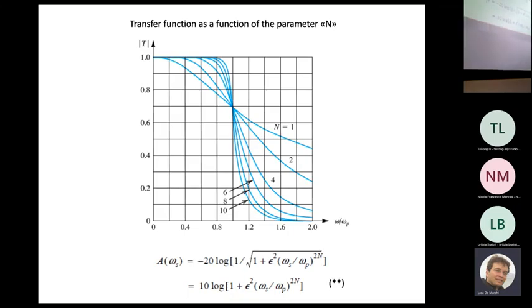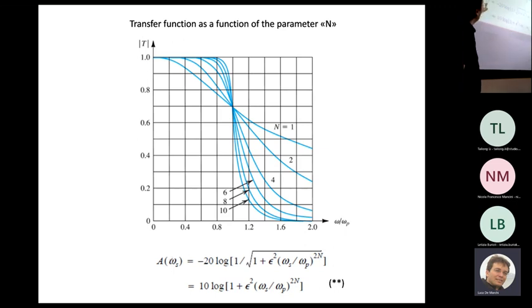Okay, so the attenuation in the stopband region is depicted in this formula here. So you see that basically the order of the filter sets the attenuation in the stopband region.